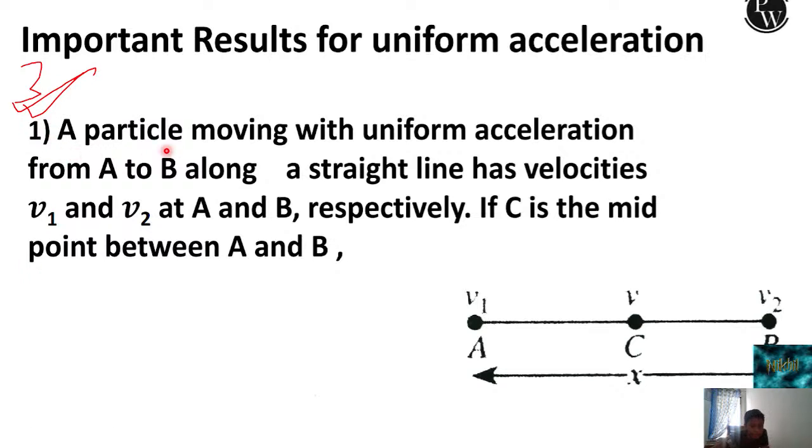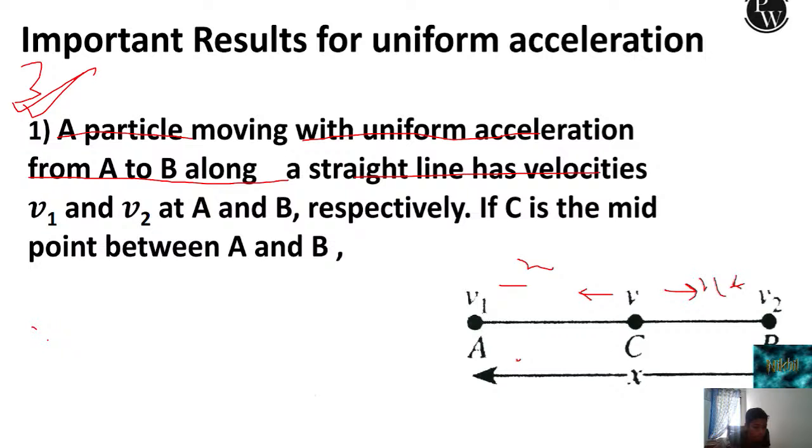If a particle is moving with uniform acceleration from A to B along a straight line, and has velocities v1 and v2 at A and B, and C is the midpoint, then the velocity at C, what will be the formula for this?